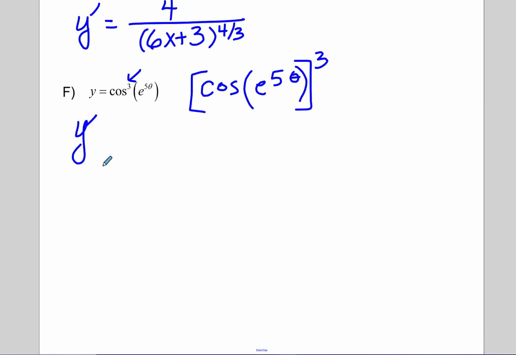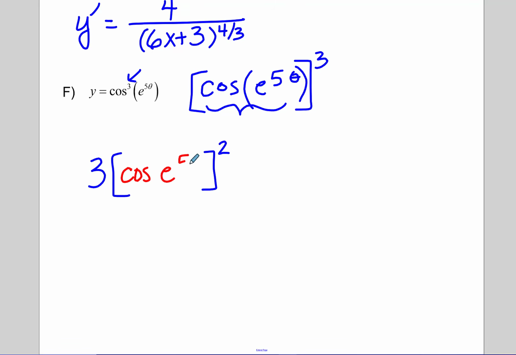Looking at it this way, our derivative is going to be 3u squared. And all of this is my inside function we're holding steady. So we've got cosine e to the 5 theta. Okay, so 3u squared is like u cubed.